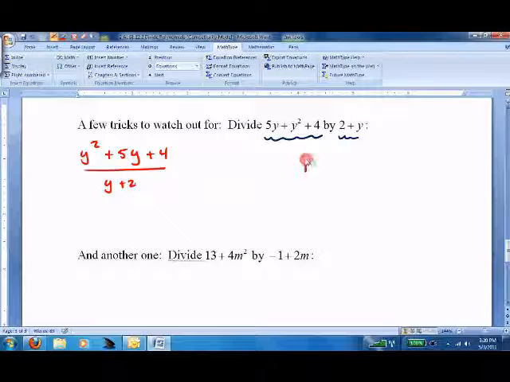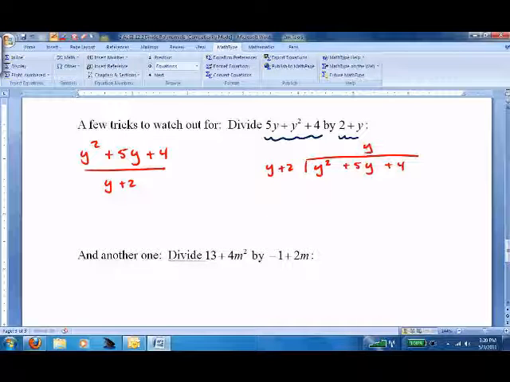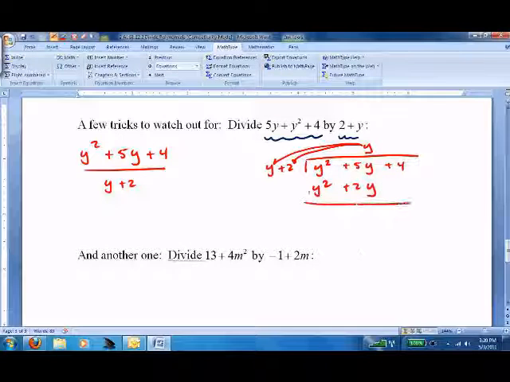I'm going to pick up the pace a little bit here. Y squared plus 5y plus 4. Y plus 2 out front. I know that y times y is y squared. Y times 2 is 2y. Don't forget we're subtracting everything.